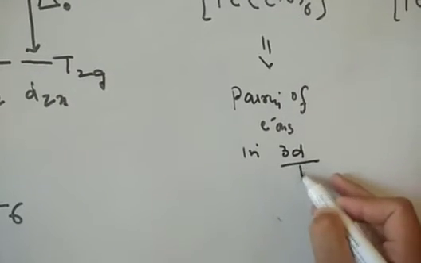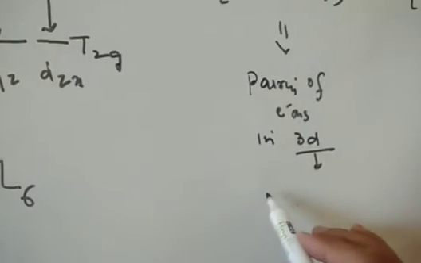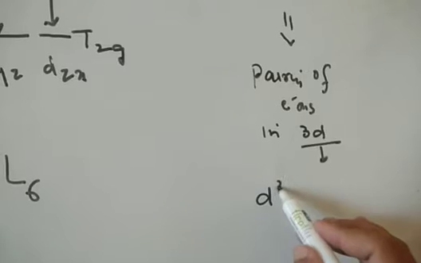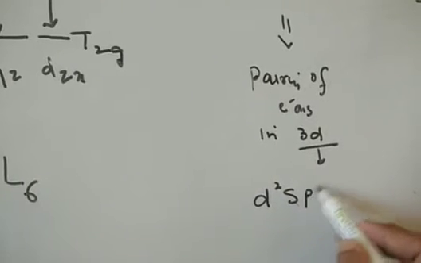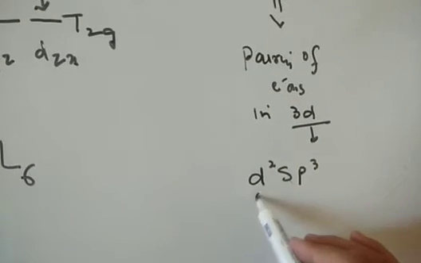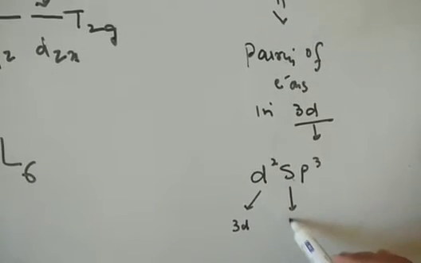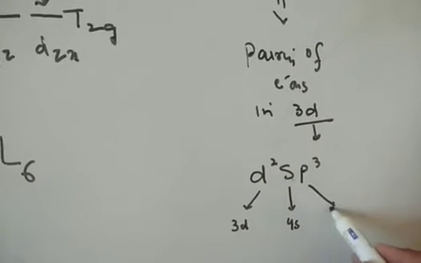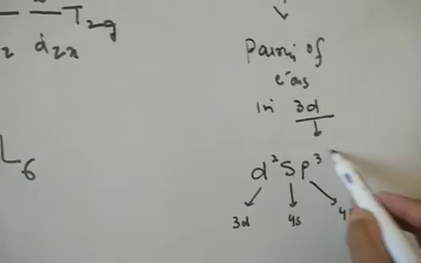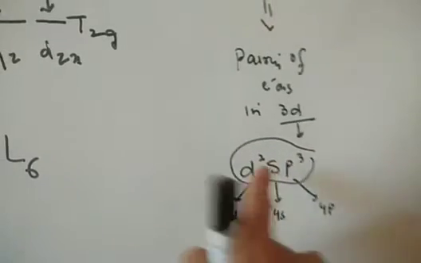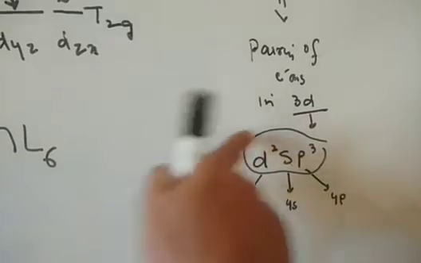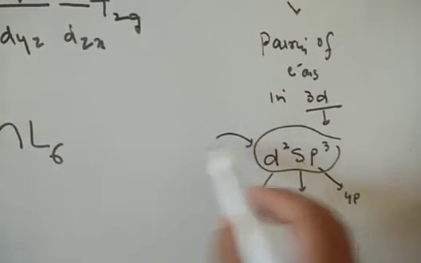When the electrons are paired in the 3d orbitals, the hybridization becomes d2sp3. This is your 3d, this is not 4d, this is 4s, and these 3 orbitals are 4p. Since inner d orbitals are involved in the bonding, it is called an inner orbital complex.